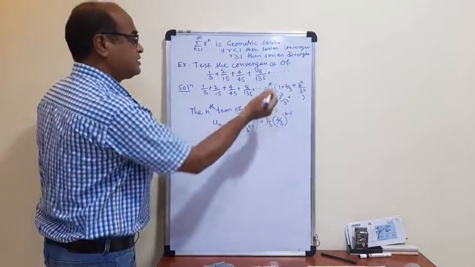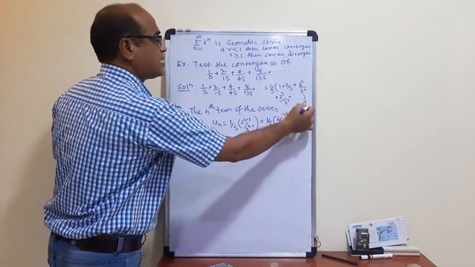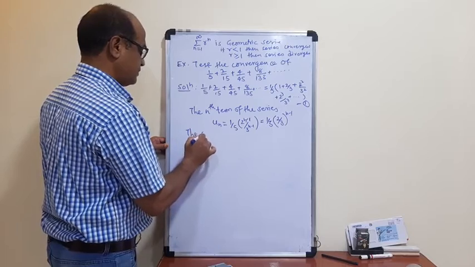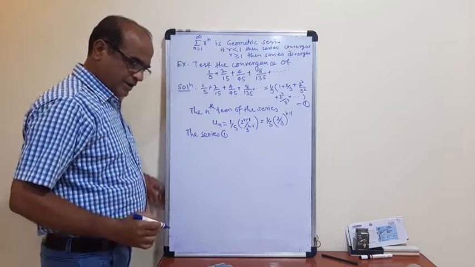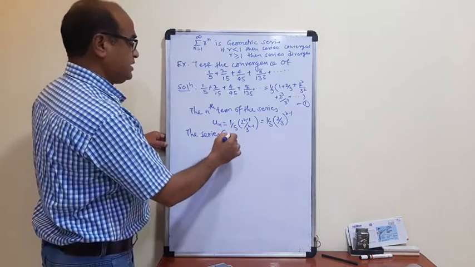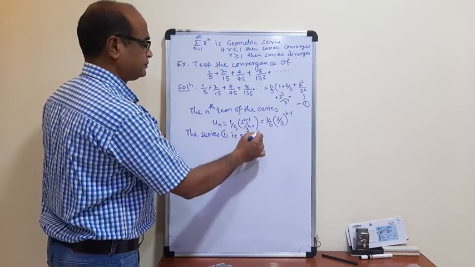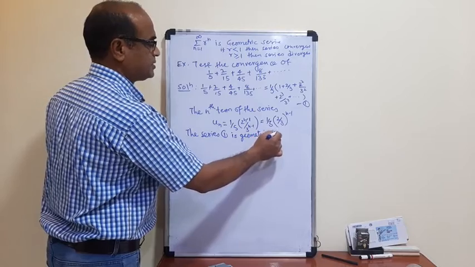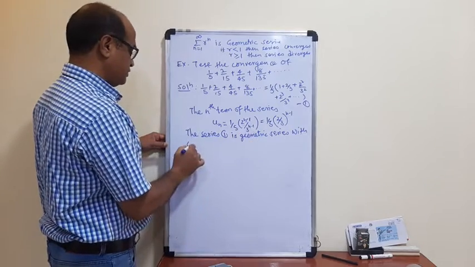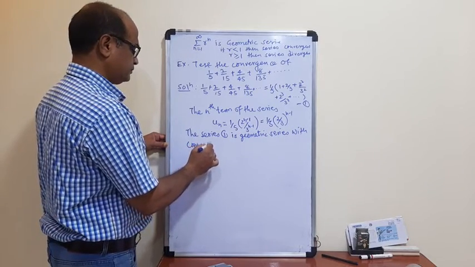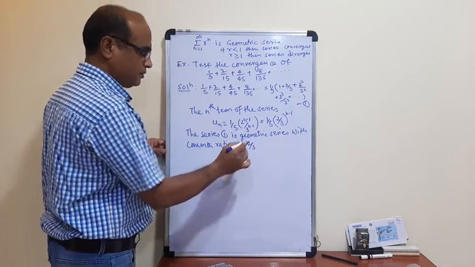So this series is a geometric series with common ratio r equal to 2 by 3.